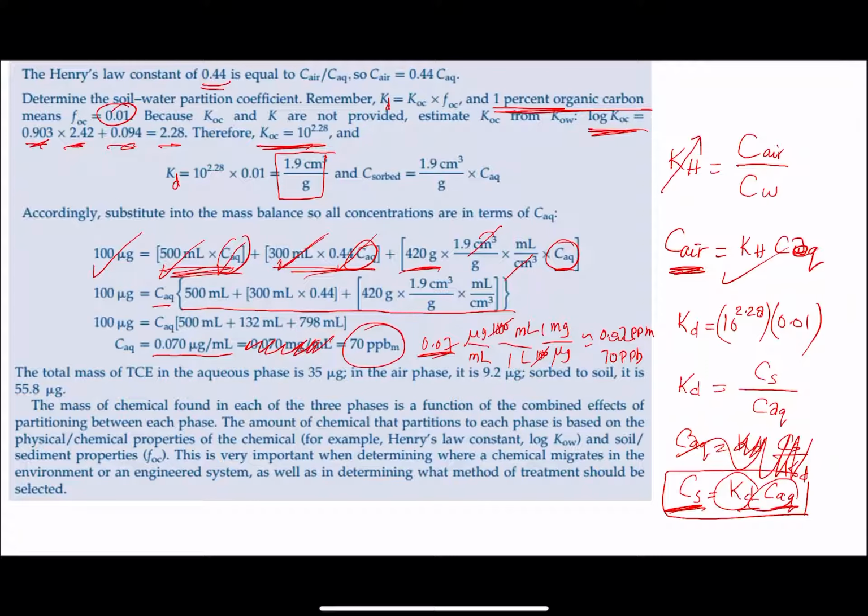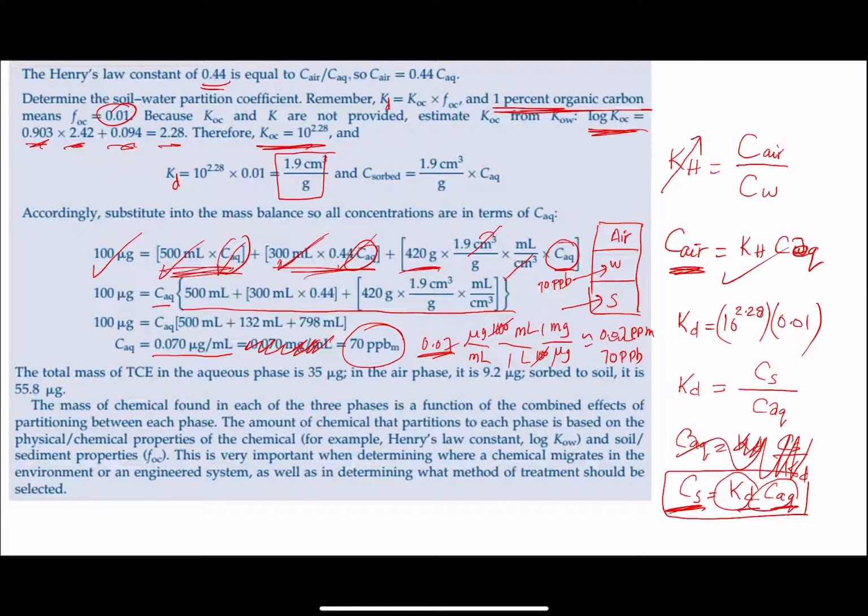Now, of course, you'll have concentration. Remember the tank? It was like this. It will have soil, water, and air. So now we have the concentration of the organic in the water is 70 parts per billion. Could you find out the concentration of the organic in the solids?